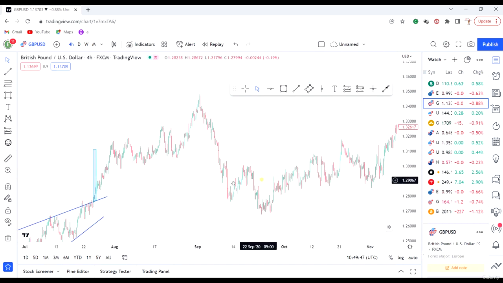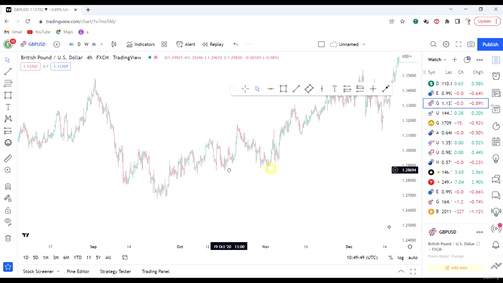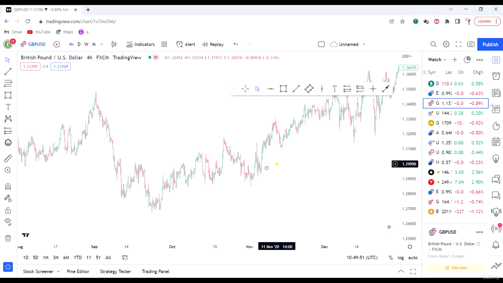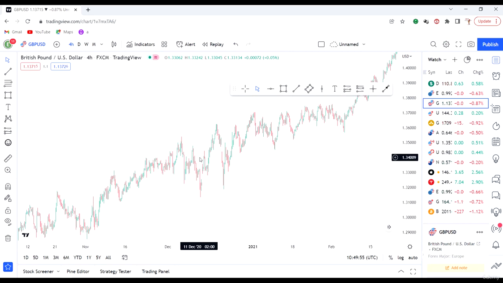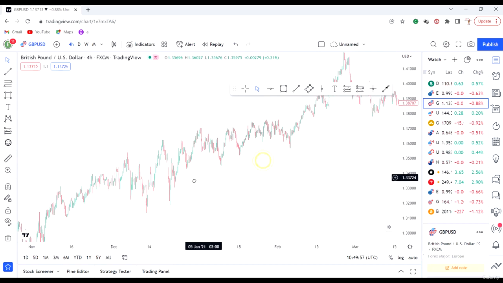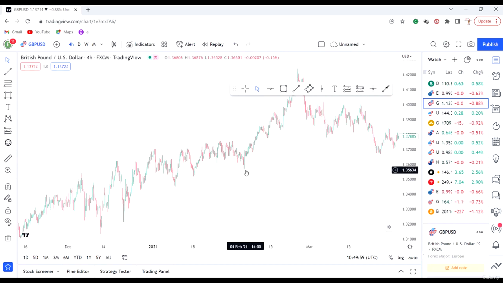Let's see if we can get another example. Remember, you just have to look very closely to see these examples. Could we see this? Let's draw a trend line and see.